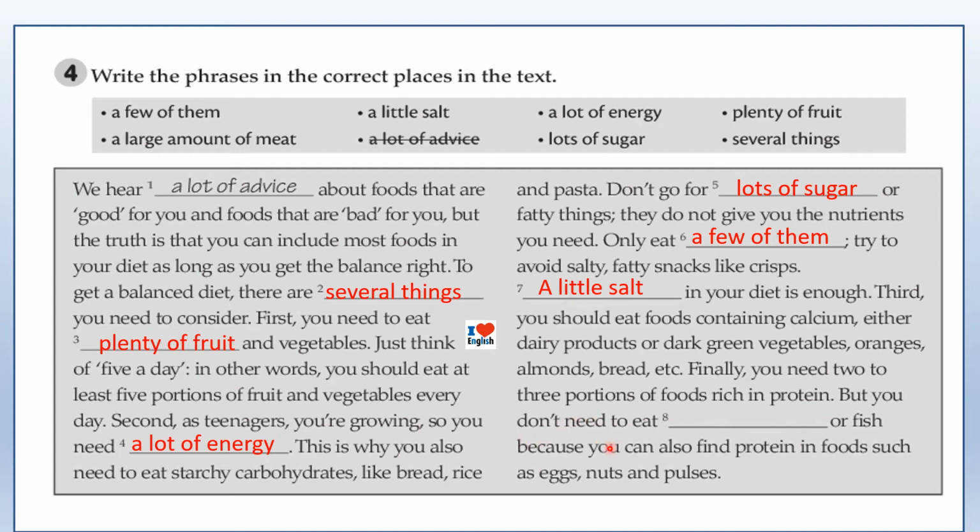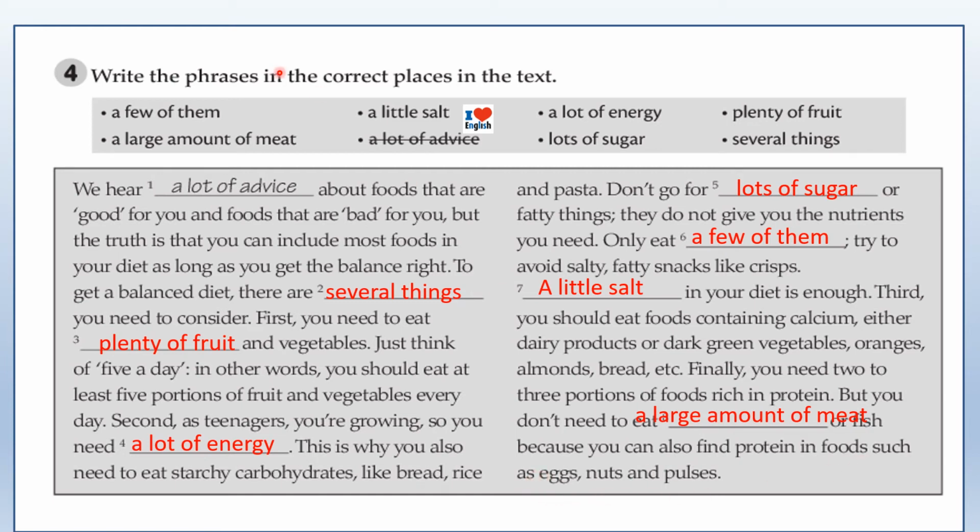But you don't need to eat a large amount of meat or fish because you can also find protein in foods such as eggs, nuts, and pulses. So we can find protein in meat and fish. You can eat meat and fish, but not in large amounts because you can also find protein in other foods such as eggs, nuts, and pulses.